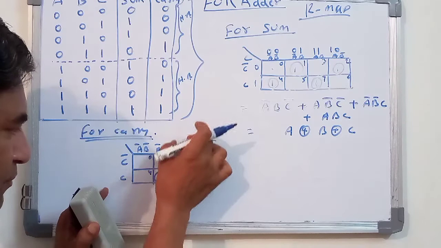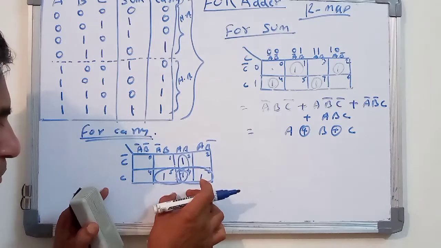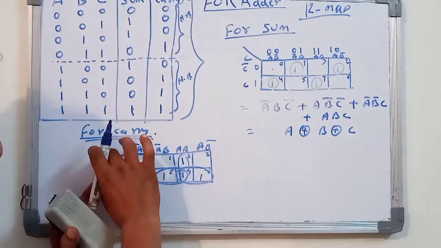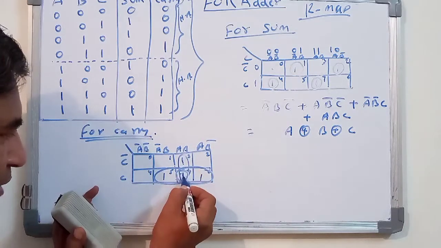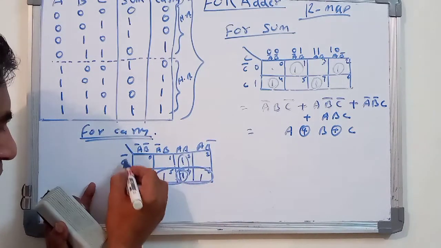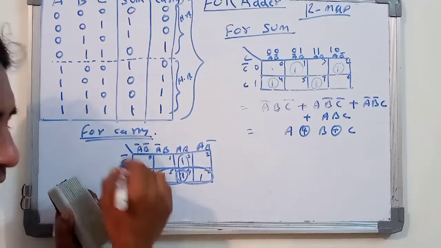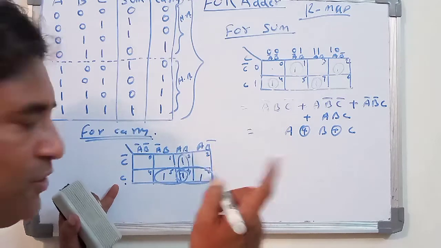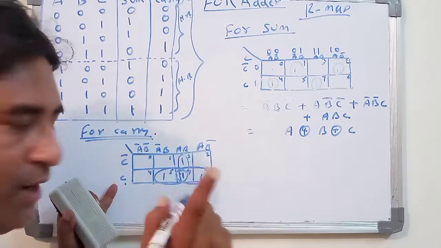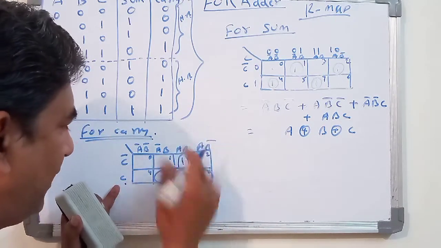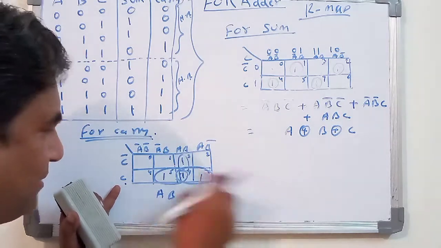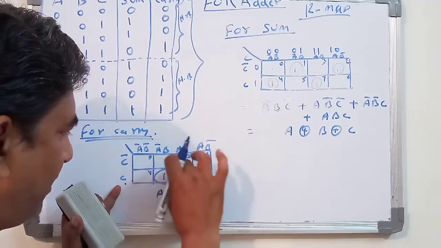Now, from this particular first number group, the column and the rows, here there is a 1 and here there is a 1. So C bar and the C, it is nothing but value, it is 1. Wherever from that particular identical laws, C bar and C, it is 1. So what remains? Only the AB value remains for the first number. Then the second number, you observe here, 1 and 1.